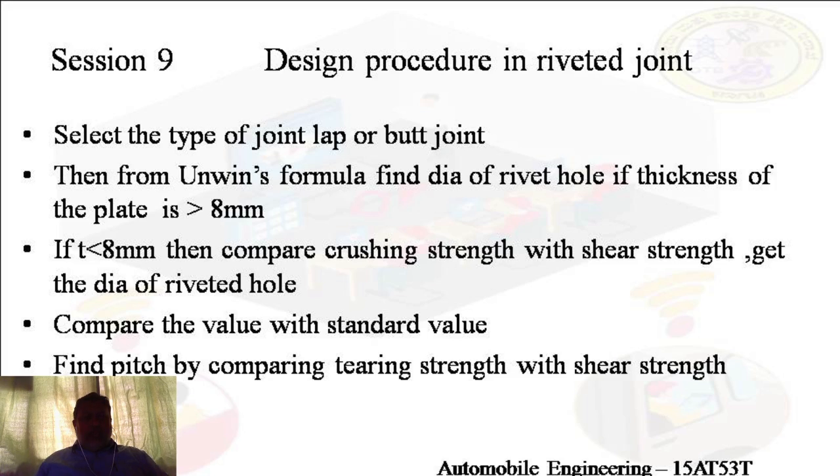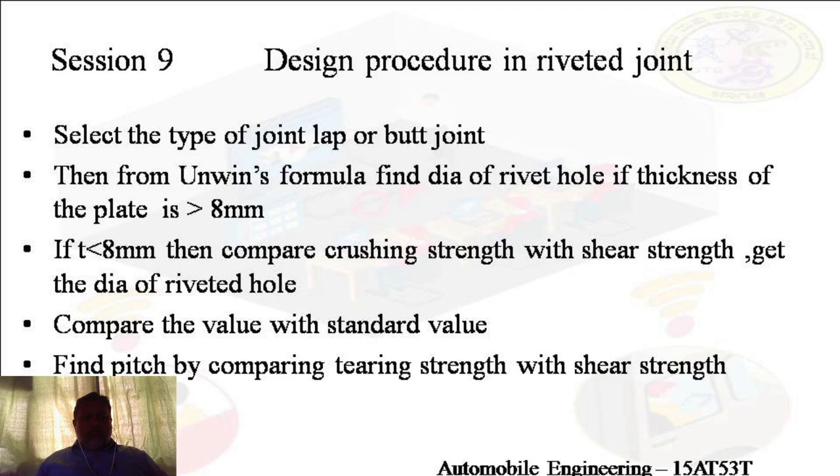After getting the value of the riveted hole diameter, next you go for finding the pitch by comparing the tearing strength and the shearing strength. Comparing both of these, you will have the value of the pitch.